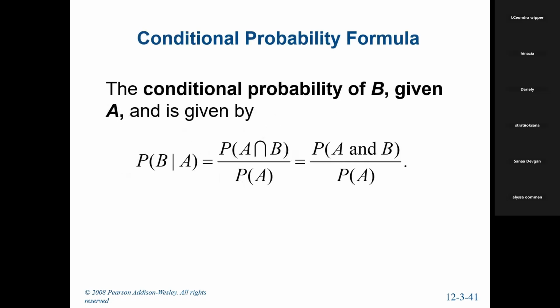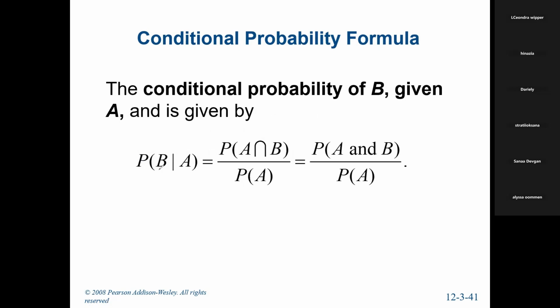Okay, this is the formula. The conditional probability of B given A is given by P of B given A, okay? That's the way you're supposed to read this.